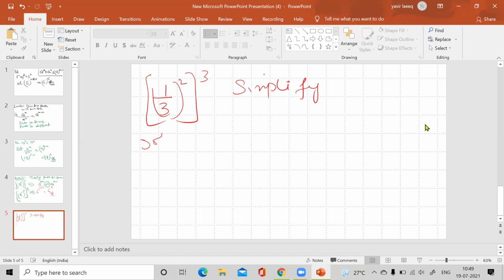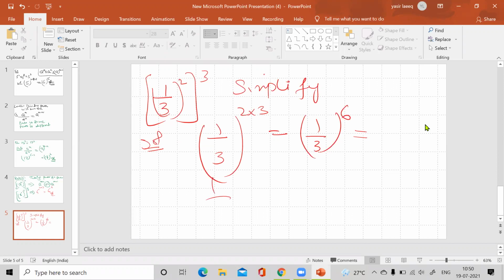So you can do it like this: 2 into 3, and it will be 1 upon 3 whole power 6. If you want to find the value, you can find it also: 1 upon 3, 6 times. Solve it.